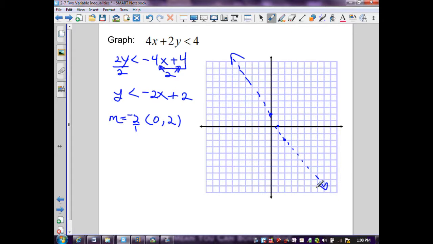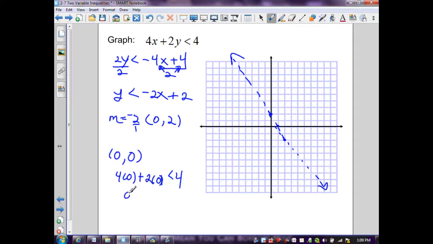And then what I want to do is select a point that is not on the line. The easiest point to select is 0, 0 again. And when I substitute it into the original, I'm going to get 4 times 0 plus 2 times 0 is less than 4.